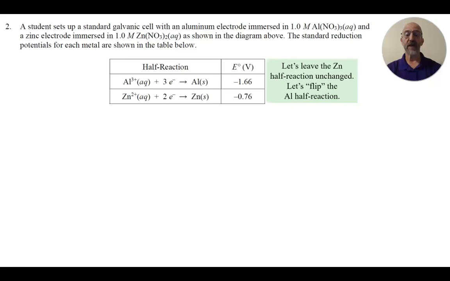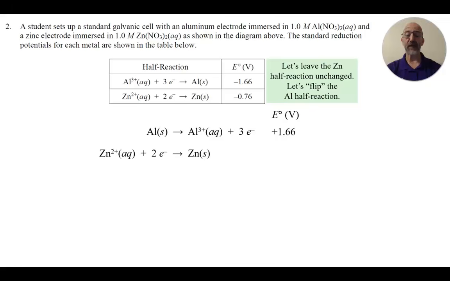So I'm going to use the flip and add technique by leaving the zinc half reaction unchanged and then flipping or reversing the aluminum half reaction. So this is the reversed half reaction. I'm showing the electrons are now on the right instead of the left, and my cell potential changes from negative 1.66 volts to positive 1.66 volts.